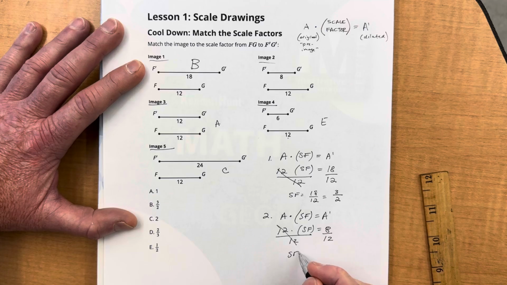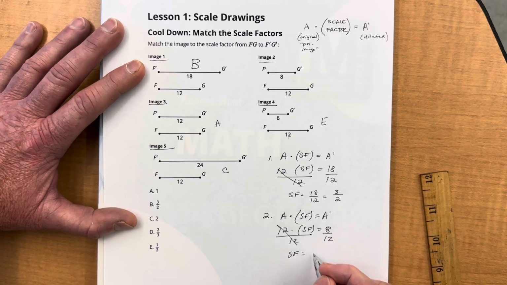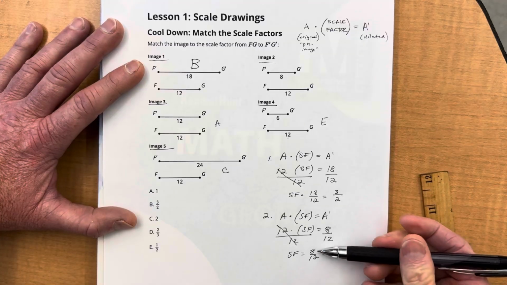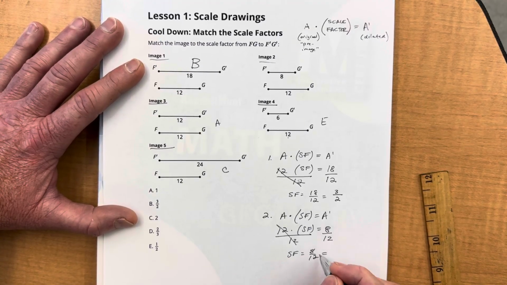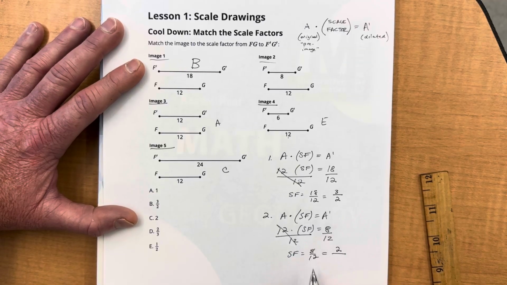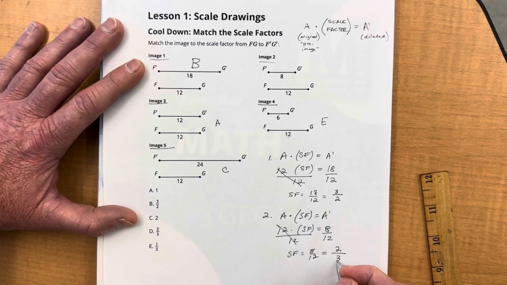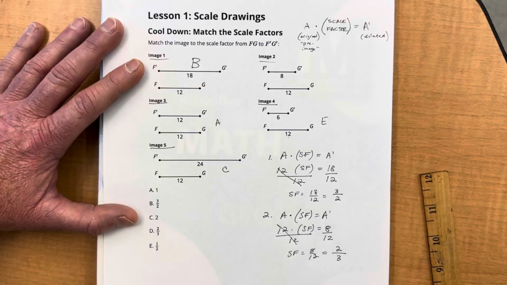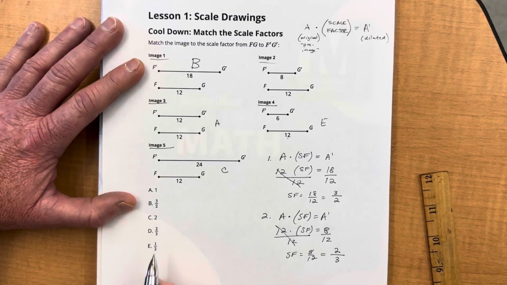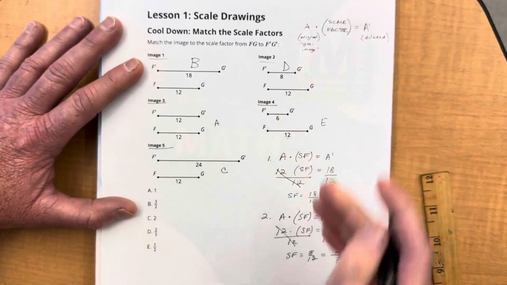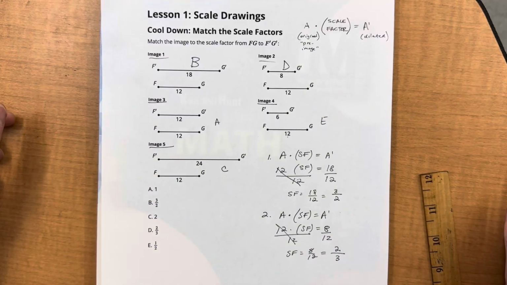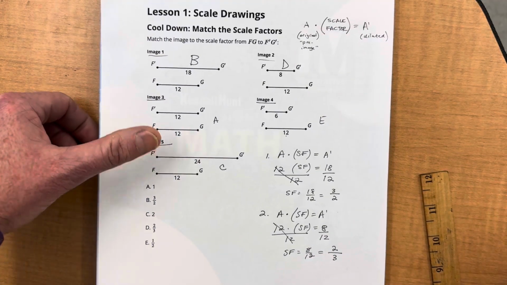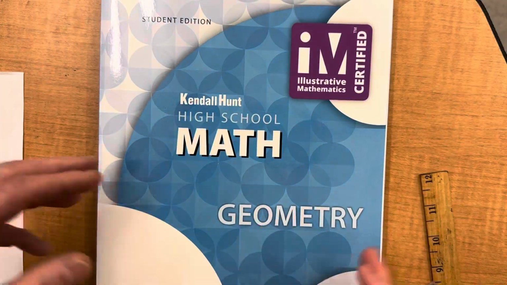Scale factor equals 8 divided by 12. Now you think about what goes into both 8 and 12. 4 does. So 4 goes into 8 2 times. 4 goes into 12 3 times. So 8 over 12 is 2/3. That one is D. And we're done. BDAEC. All right. Cool down's over.